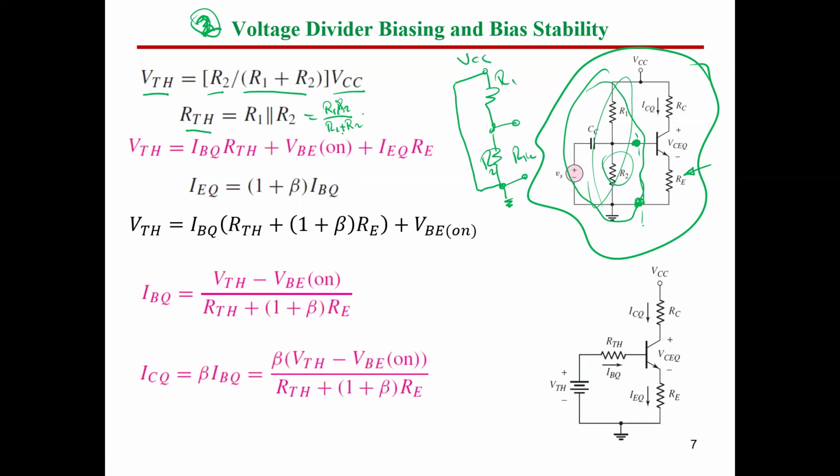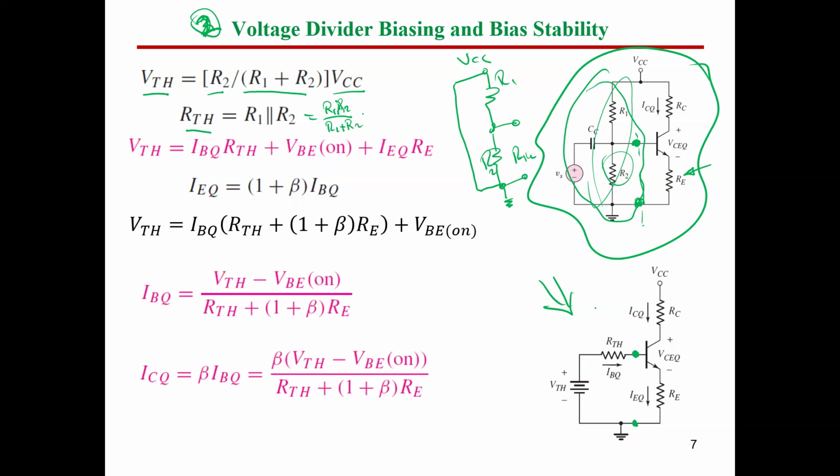Once we got R Thevenin, we can now substitute in the equivalent circuit, the emitter resistor-based circuit, as you can see here. We have VCC, RC, our transistor, and the emitter resistance connected to ground. Between the base and ground, we have our R Thevenin and V Thevenin.